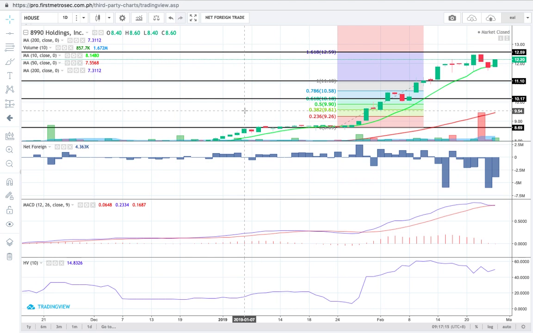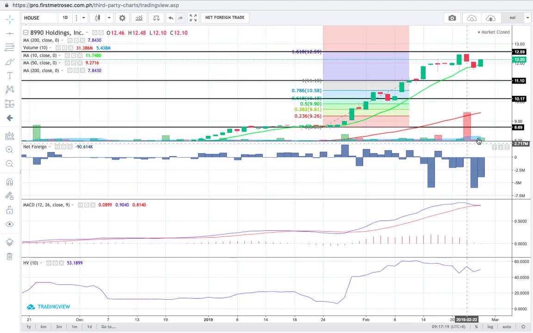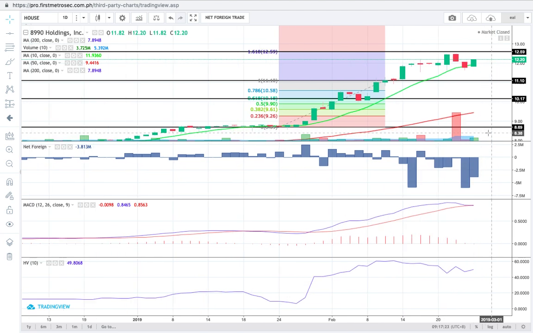If and when the volume will pick up, or will start to print daily volumes above its 10-day volume average, then the probability of it hitting or kissing the historical resistance at 12.60 will be higher.